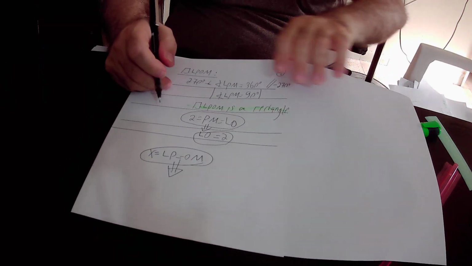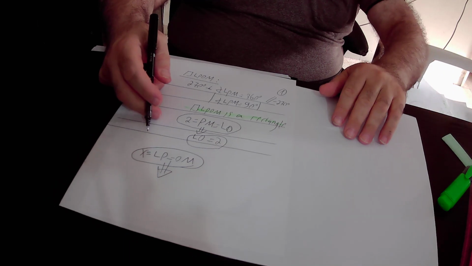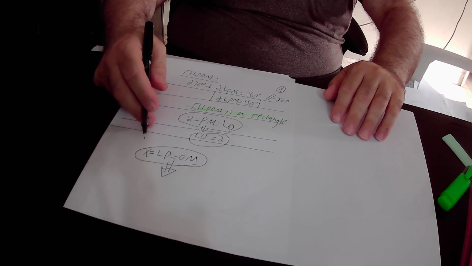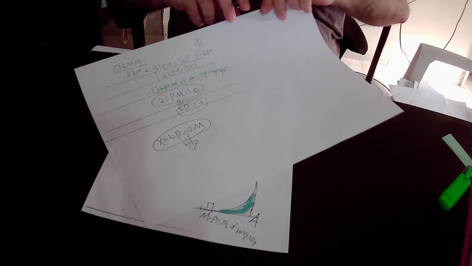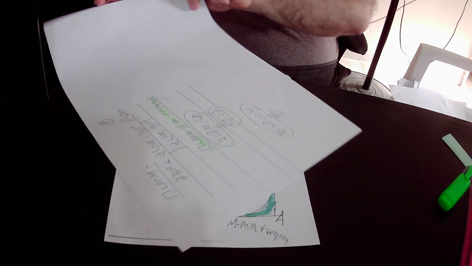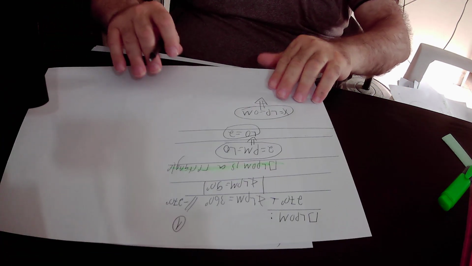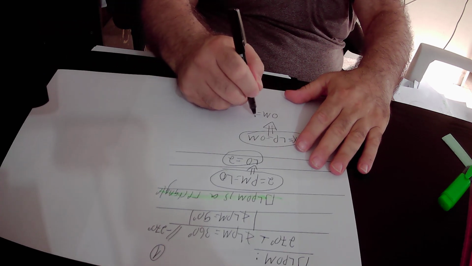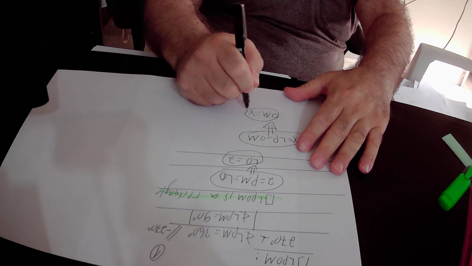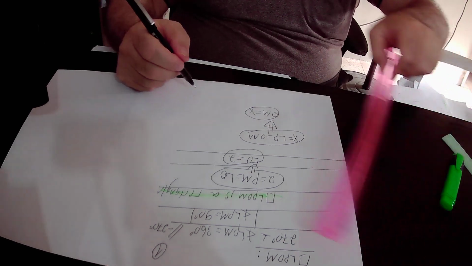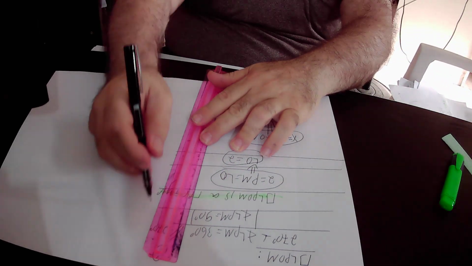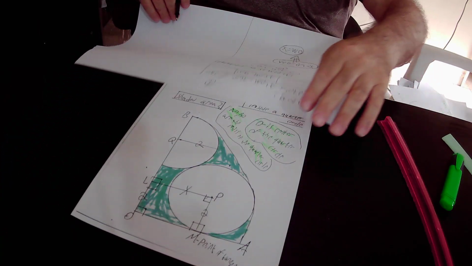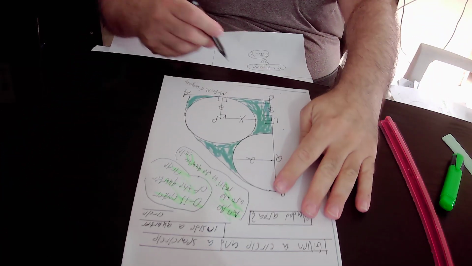Then from this equation x equals LP equals OM, we derive that side OM is also equal to x.